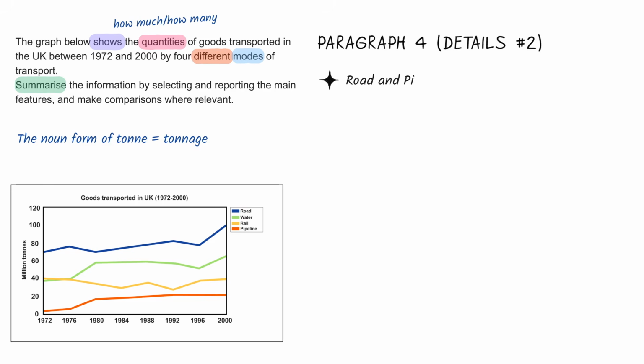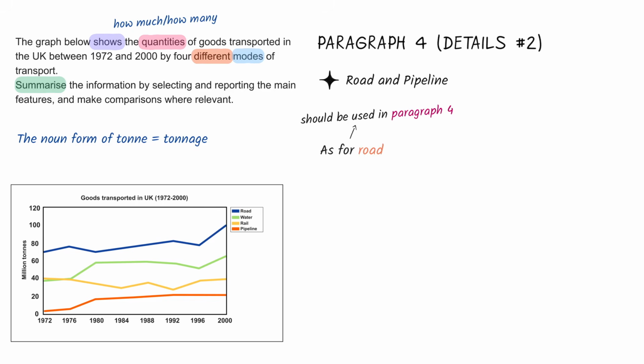We use the phrase as for in order to start and refer to the two remaining categories. And remember something, as for is always, all the time used in paragraph 4. So you shouldn't use it in paragraph 3, because as for means to refer to the remaining categories, all right?